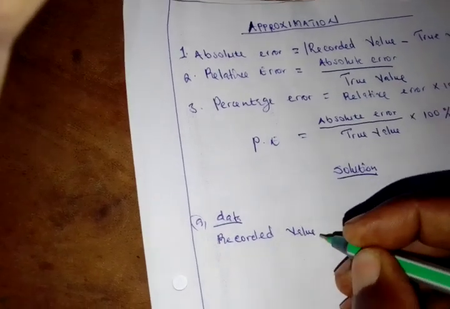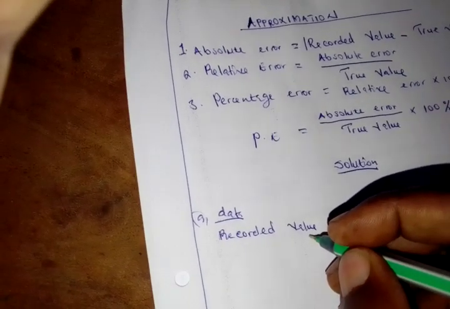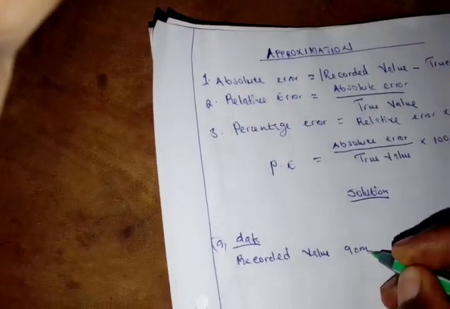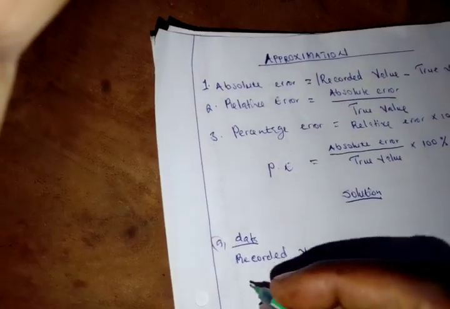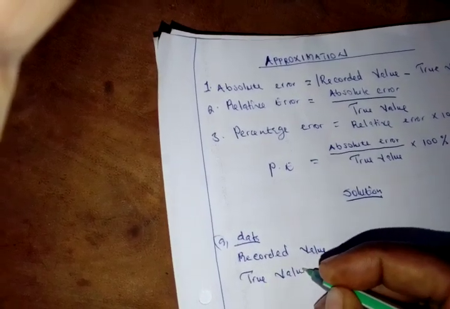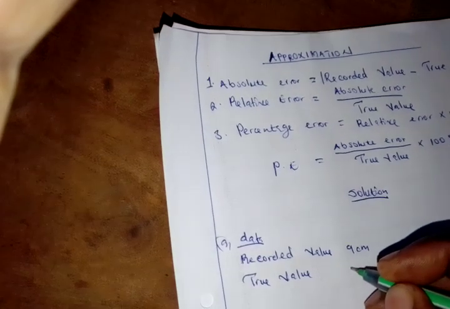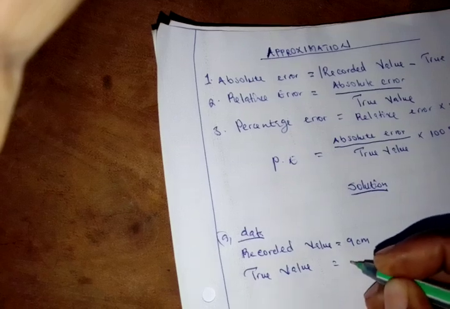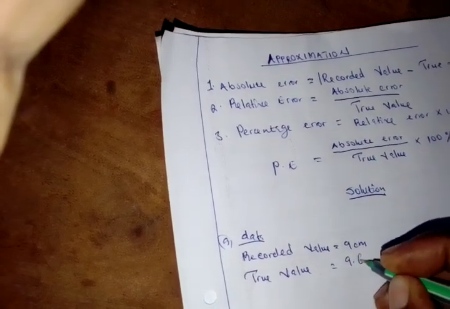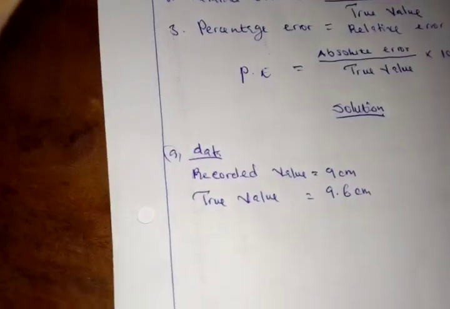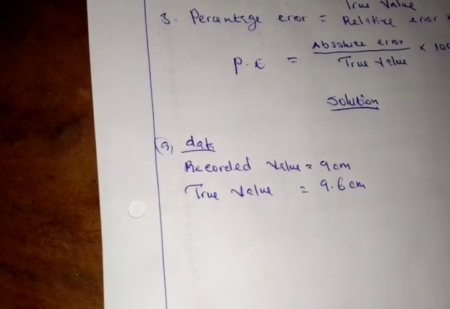According to the question, Misozi's estimate was 9 centimeters. Then the true value according to the question is 9.6 centimeters.